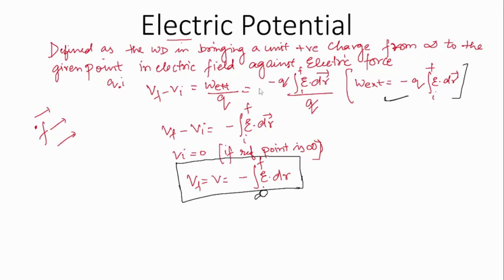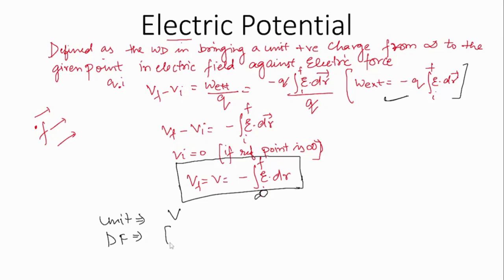Now, talking about the unit, it will be volt, obviously, and other units as well you can derive. The dimensional formula of this: you know the dimensional formula of electric field, I have told you in the previous lecture, so the dimensional formula will be just multiplied by the length.